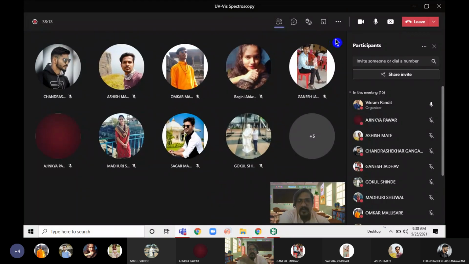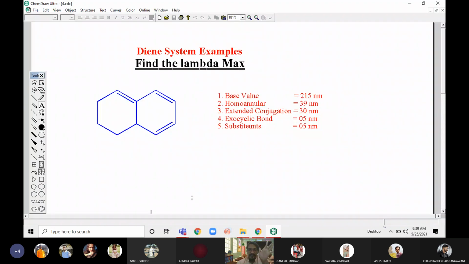Complicated means it's not that complicated, but we are going to find each and everything. There should be an extended conjugation, a homoannular system, and an exocyclic bond. There are so many substituents. Then we call it a complicated system. Okay, so we have such examples now.